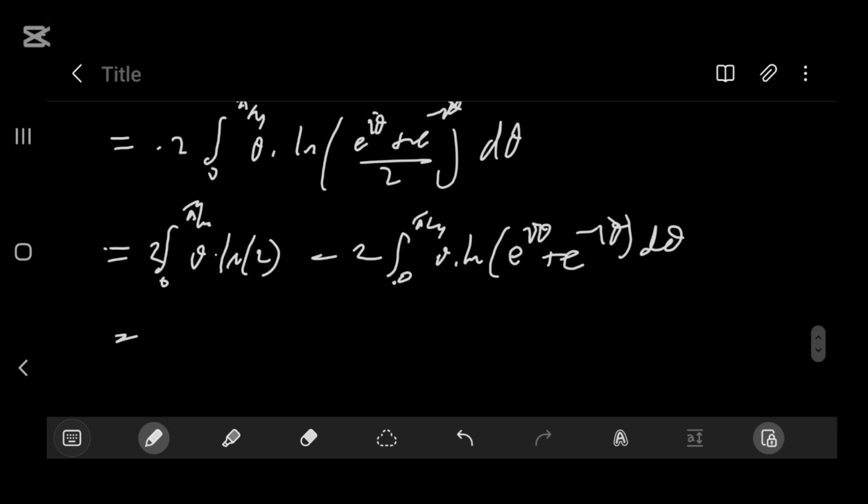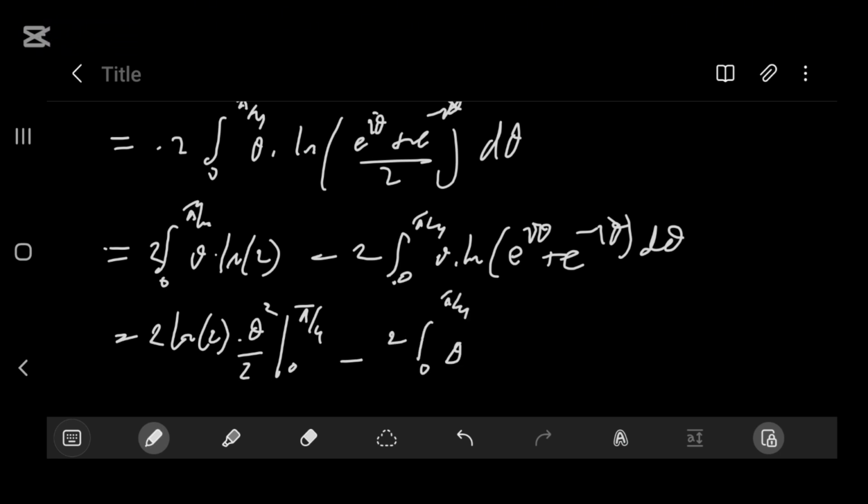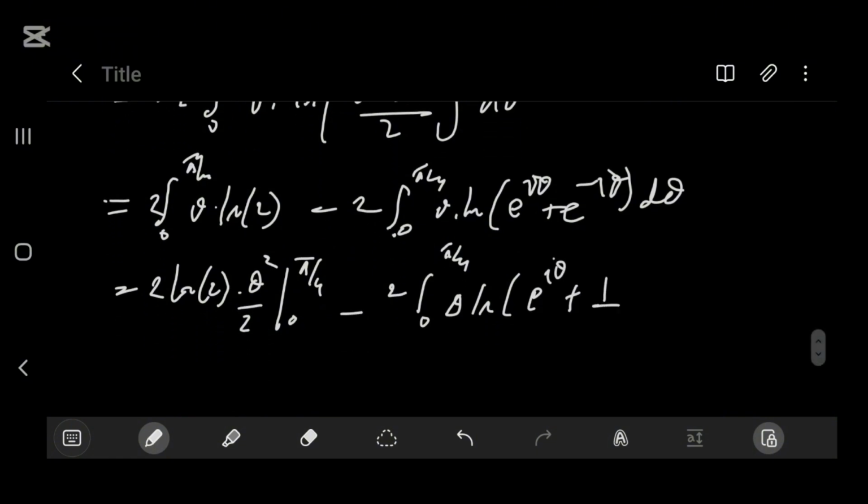Well, when solving here, we'll have ln 2 times theta squared over 2 from 0 to pi by 4 minus, and we'll do some trick here, which is e to the i theta. We can write this one as 1 over e to the i theta d theta.